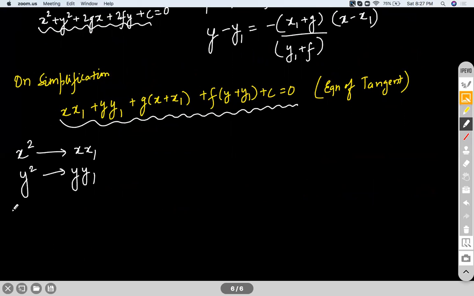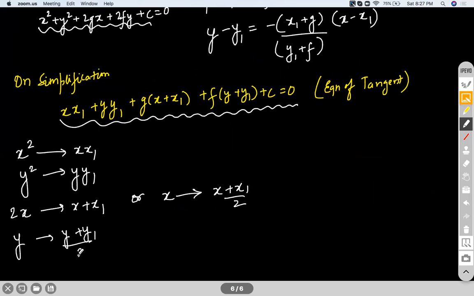Your 2x got replaced with x plus x1. Or in other words, x got replaced with (x plus x1) by 2. Y got replaced with (y plus y1) by 2. C doesn't undergo any change.